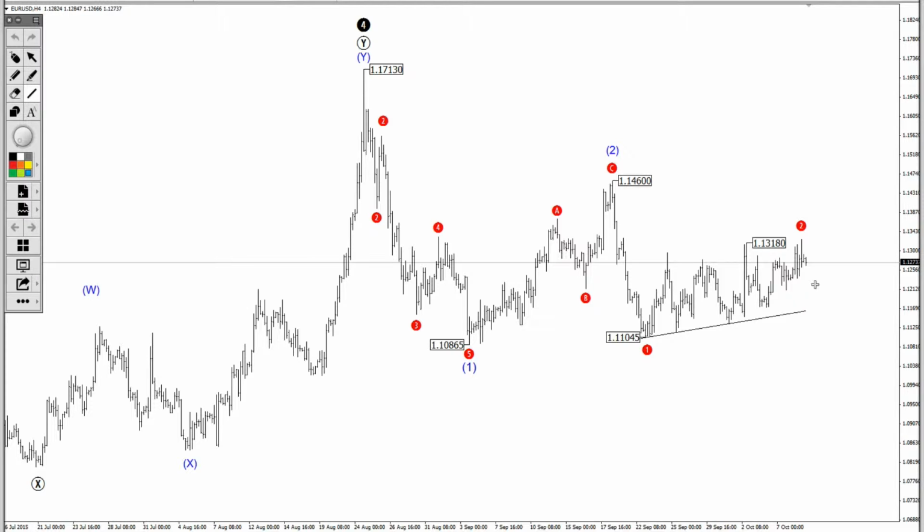This correction doesn't look to be over yet, and we can still be forming the minute wave 2 correction, so 1 degree higher corrective phase can be in play here. This is very complex and sideways.